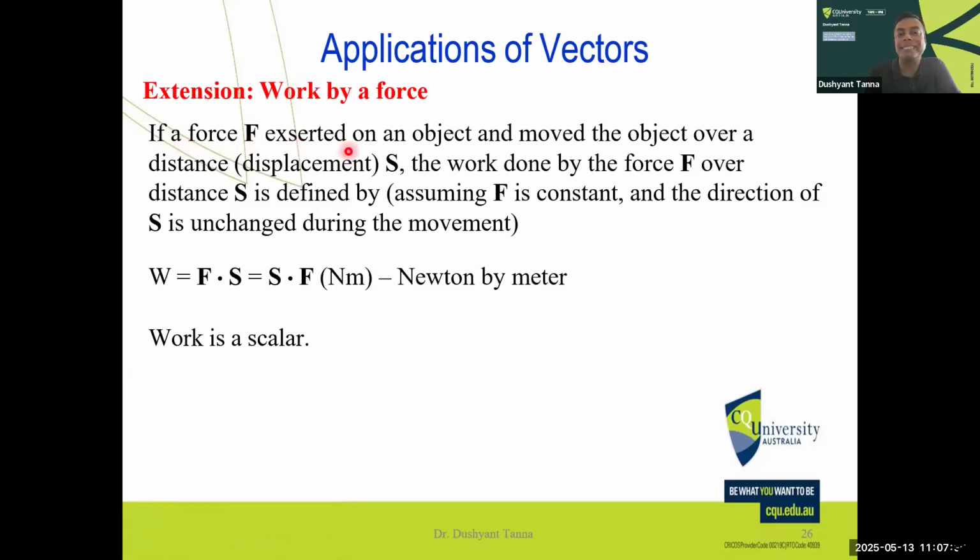If a force F is exerted on an object and moves the object over a displacement S, the work done by the force over S is equal to F dot S or S dot F, in newton meters. Since it's a dot product, you will recall from last week, the output is a scalar. So the work done will be a scalar.